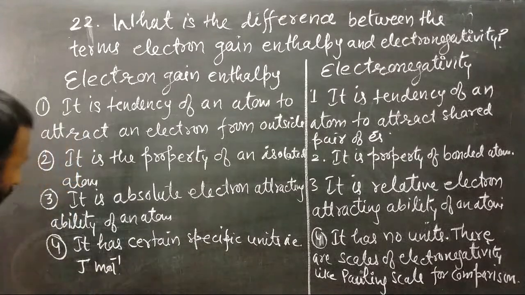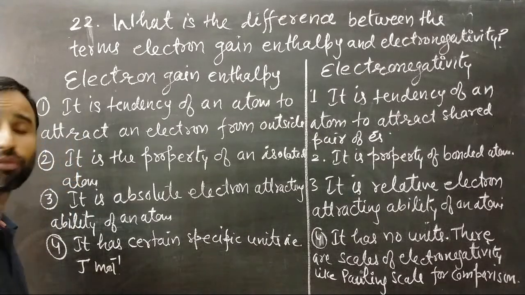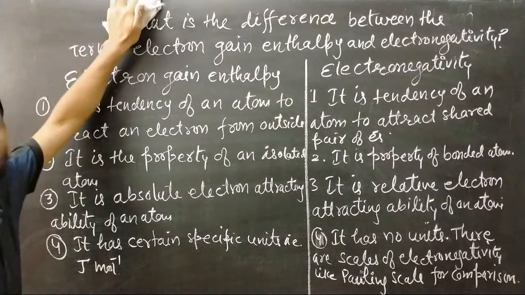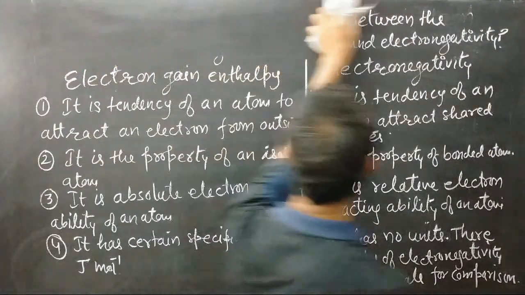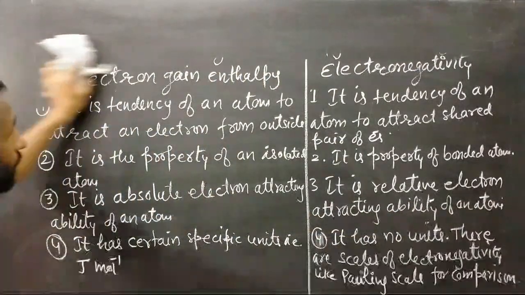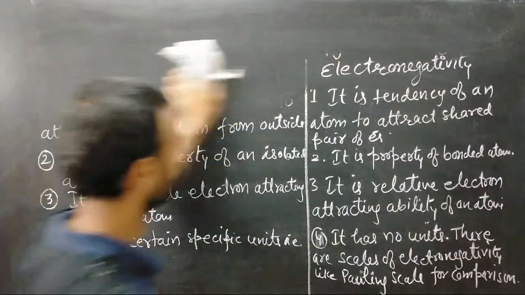Yes, there are different units for electron gain enthalpy: joule per mole, kilojoule per mole, electron volt per atom. Okay. So this is about the difference between electron gain enthalpy and electronegativity.